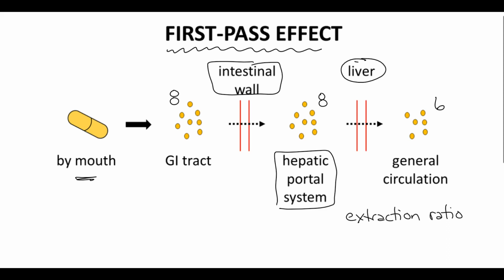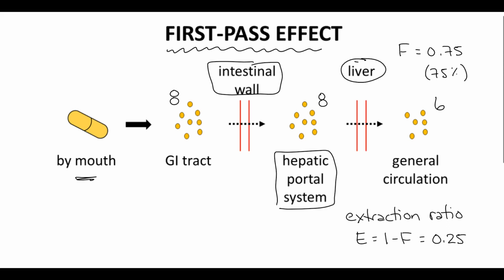If only 6 make it into general circulation, then the oral availability, F, equals 0.75 or 75%. The extraction ratio, E, equals 1 minus F. So in this case, the extraction ratio is 0.25.